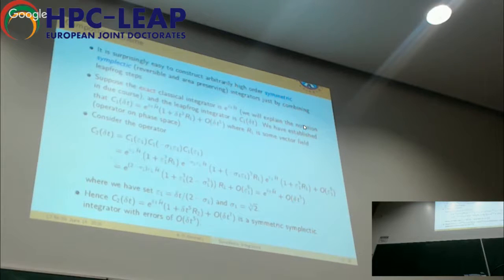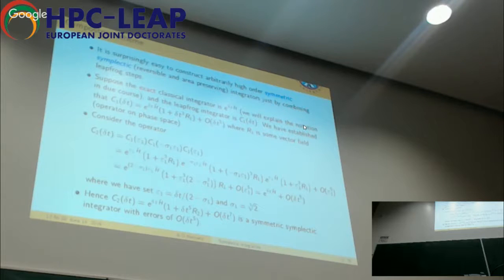Here h hat is configured as a differential operator, and we'll explain in much more detail why I call it h hat. Just consider this as the exact integrator that integrates our system for a time step delta tau. For the moment, just believe that there is such an operator h hat that could do that.